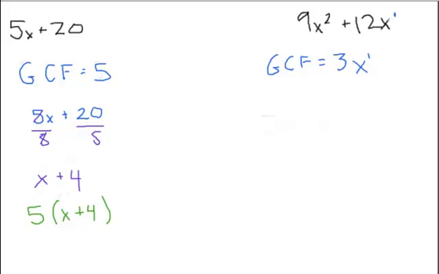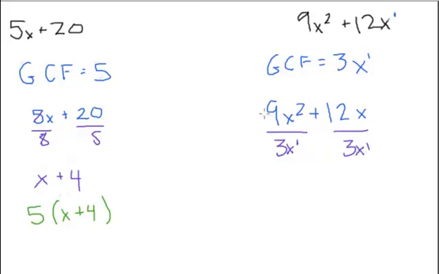Now, my second step is to take my original question, 9x squared plus 12x, and divide each term by the greatest common factor. So I'm going to divide this side by 3x to the 1, and I'm going to divide this side by 3x to the 1.